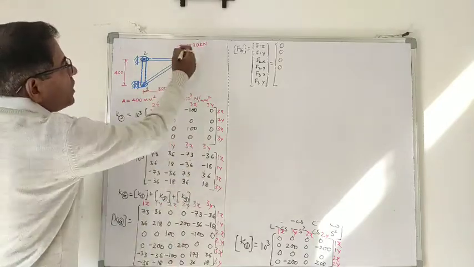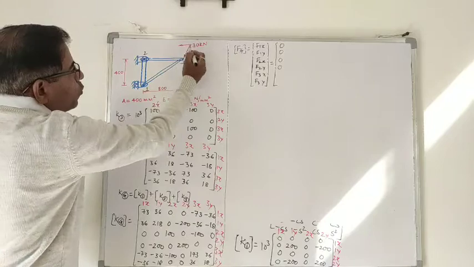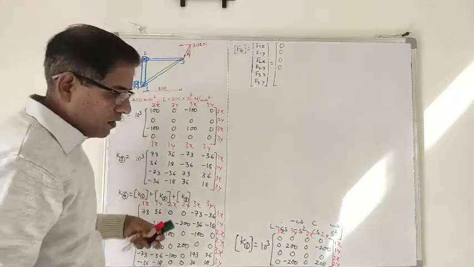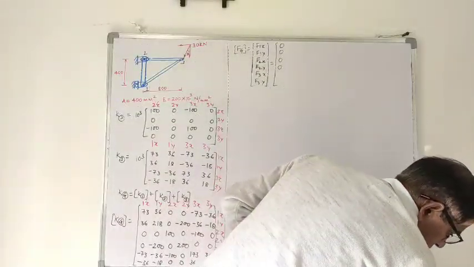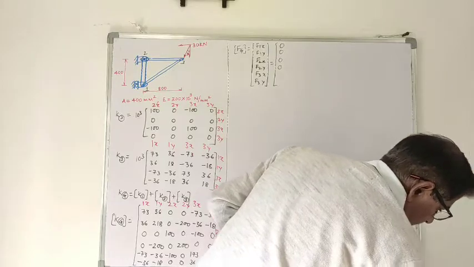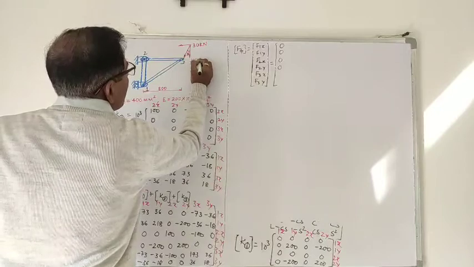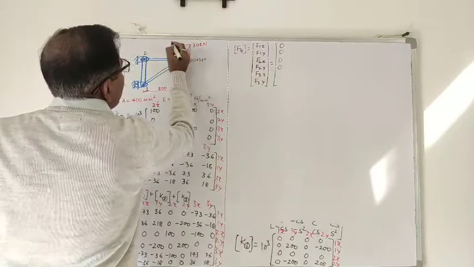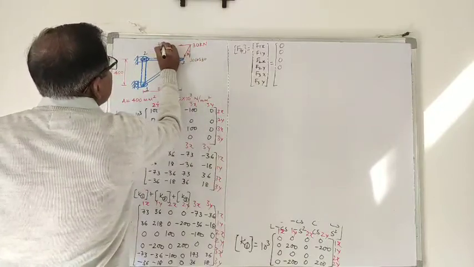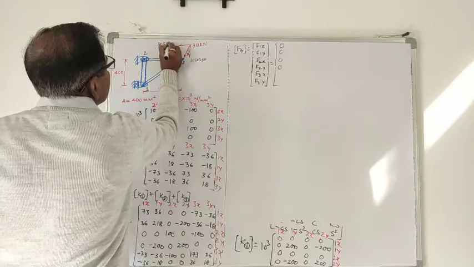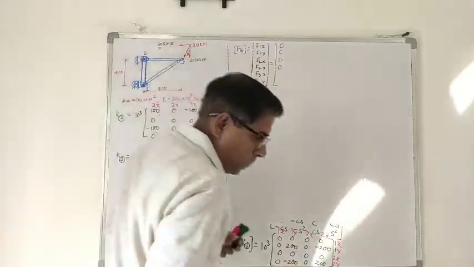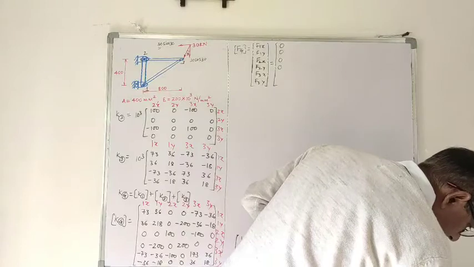So we resolve this 30 kilonewton into two components: 30 cos 30 and 30 sin 30.